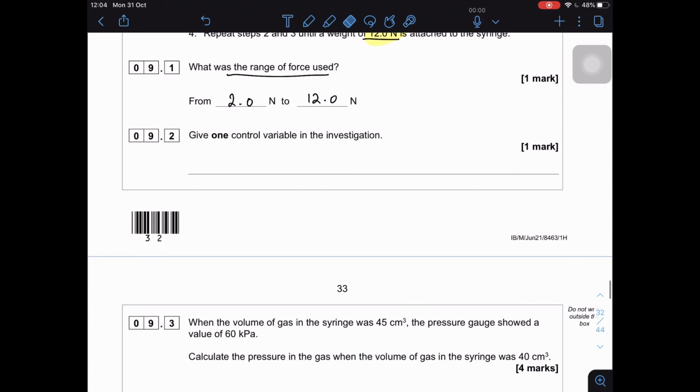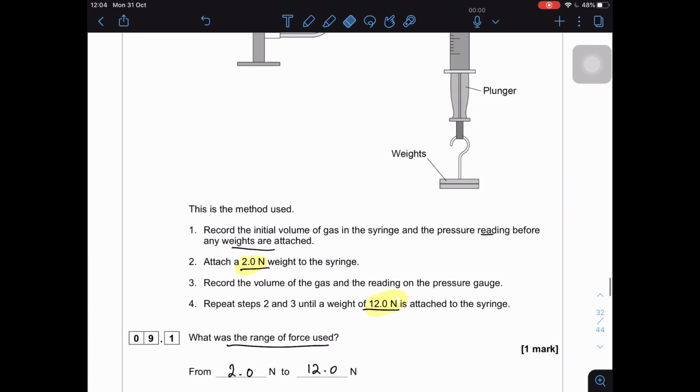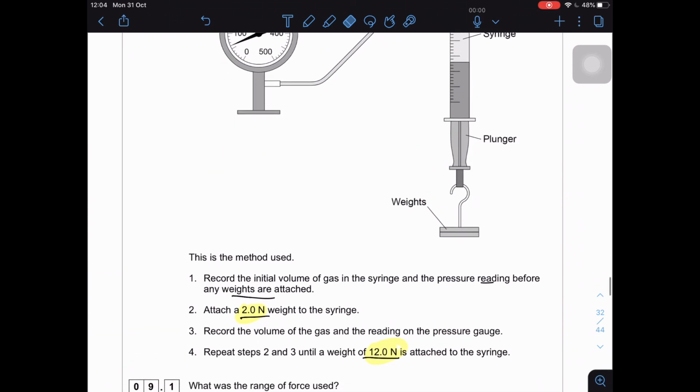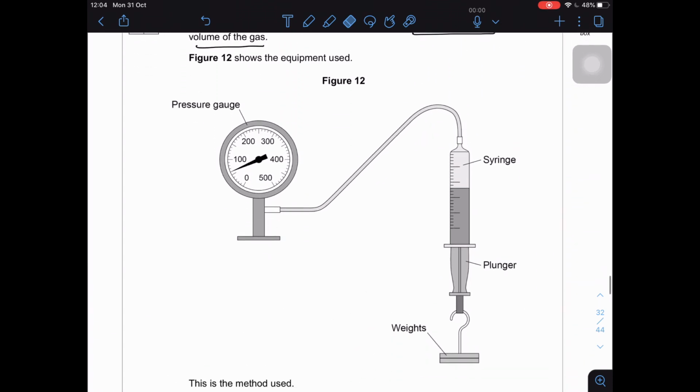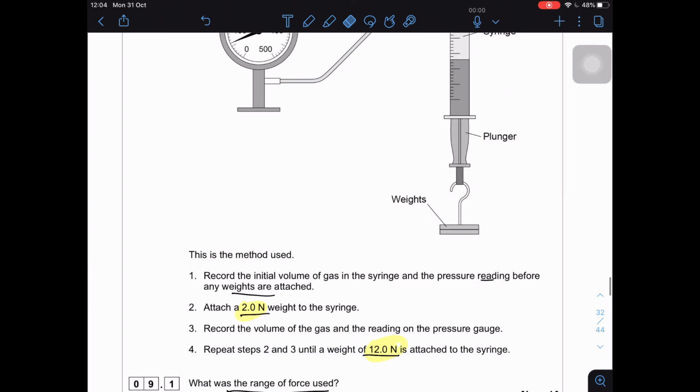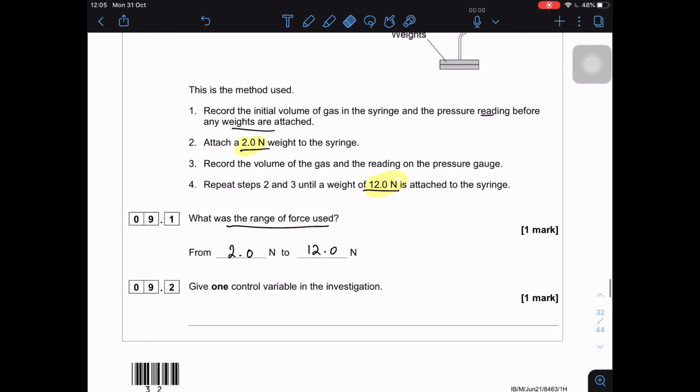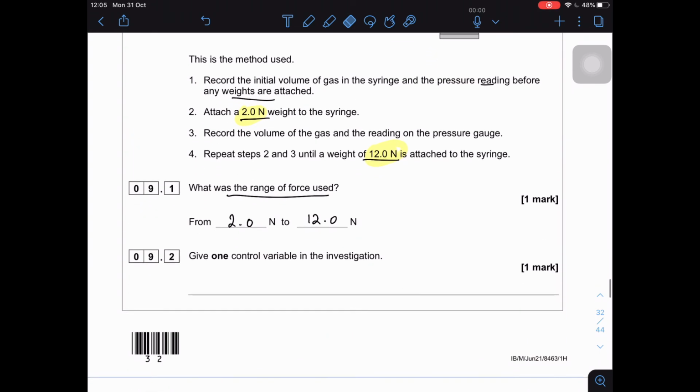Give one control variable in the investigation. What did he keep the same throughout the experiment? All right, so what is something that you kept the same throughout the experiment? Good. So temperature is kept the same throughout.